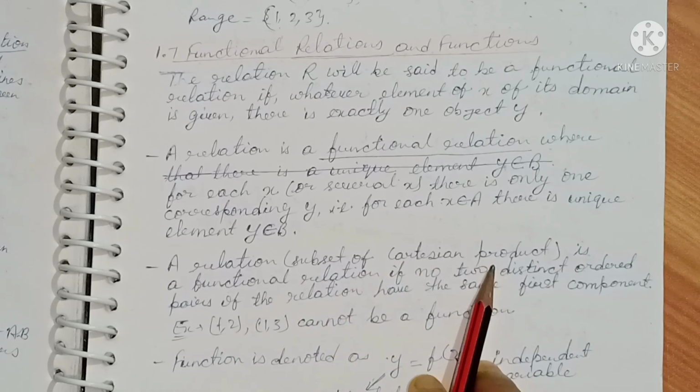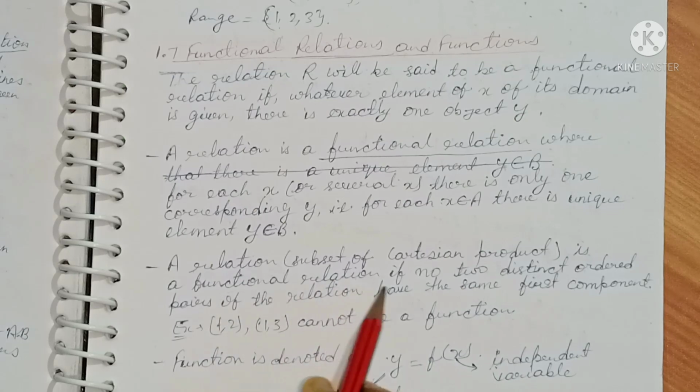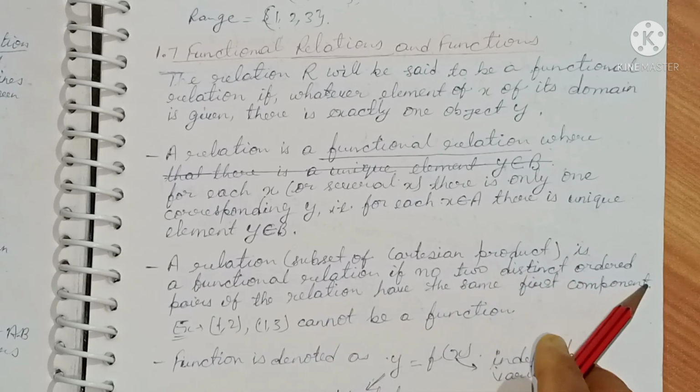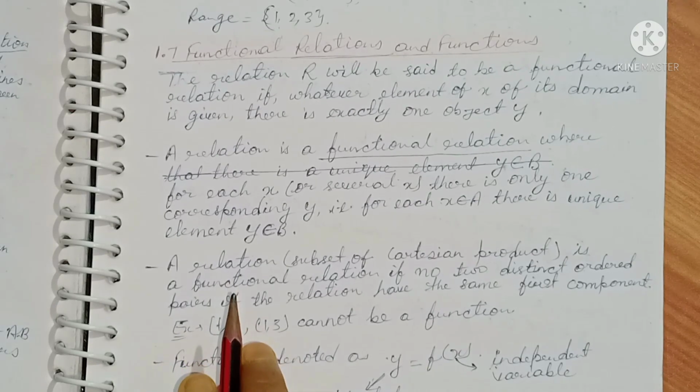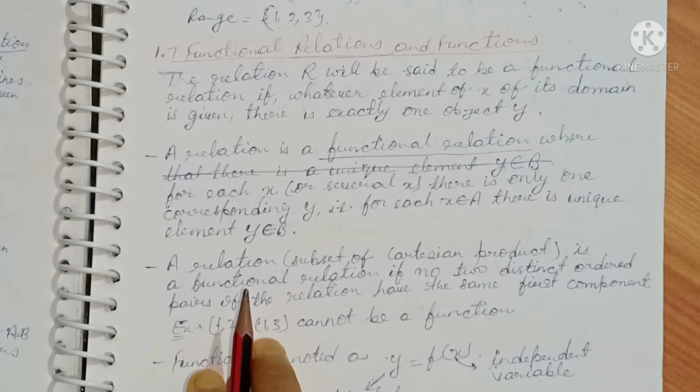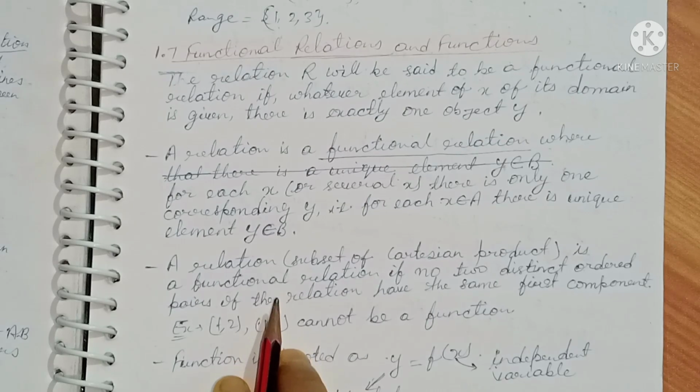This type of subset relation is a functional relation if no two distinct ordered pairs of the relation have the same first component. Here, if you get ordered pairs from the Cartesian product under some condition, and inside that condition no two ordered pairs have the same first element, then it is known as a functional relation.